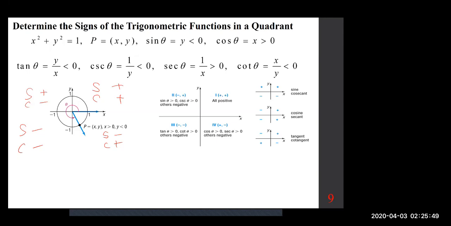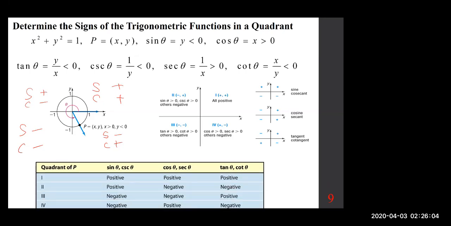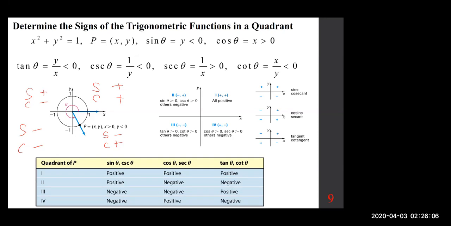And just for the sake of argument, in the third quadrant, if sine and cosine are both negative, tangent must be positive, because negative over negative is positive. And from there, we can figure out the rest of it. I hope you don't have to memorize this.